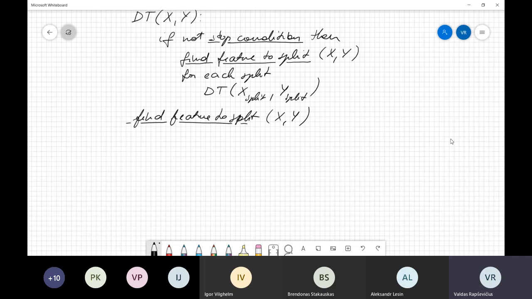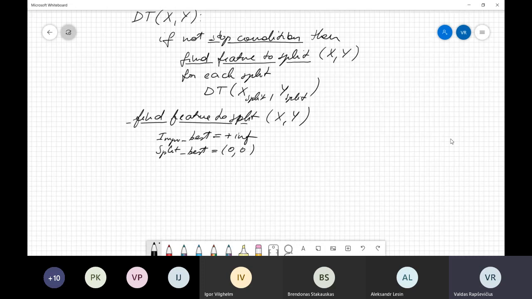So what we do first, we just initialize the variable which we call impurity best, and we assign it to +infinity. So basically impurity so far is the +infinity, the biggest possible, right? And let's store for us split best, and the best split is actually 0, 0.